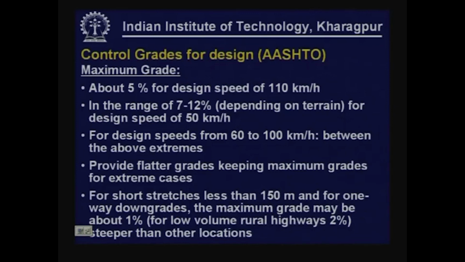The gradient may be in the range of 7 to 12% if the design speed is around 50 kilometer per hour. For design speeds in between, that is 60 to 100 kilometer per hour, the grade will also vary between the above two extremes.